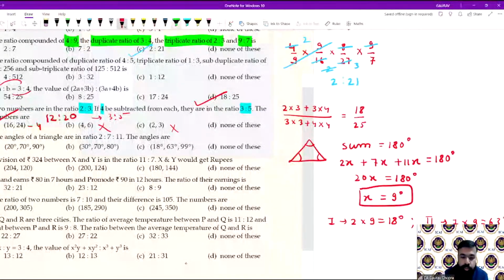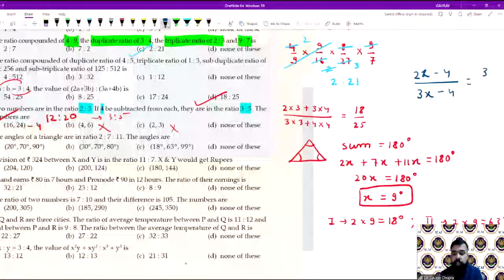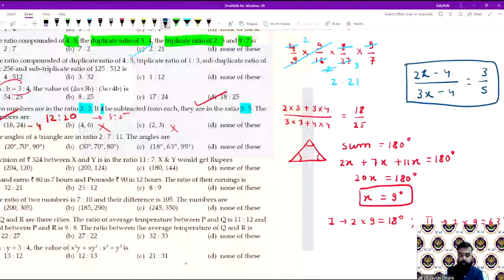So you can assume the numbers as 2x and 3x. If you subtract 4, then the ratio becomes 3:5. Now you can do cross multiplication and get the result. Okay, Sadhana, this was the second method.